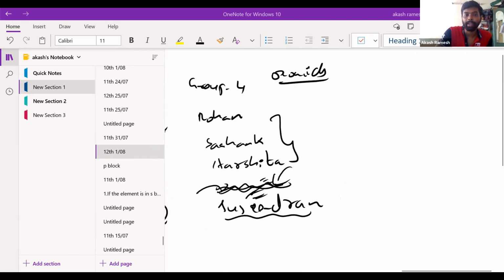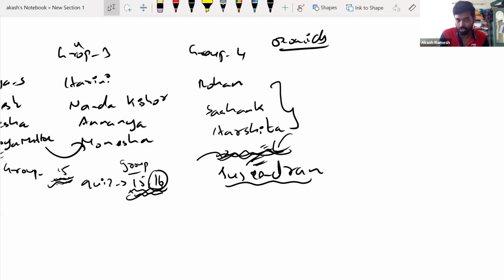Regarding this quiz, I'm just doing a quiz to make it interesting. Do not worry about winning or losing. Whether it's a question for group 1 or 2 or 3 or 4, irrespective of that, each and every one of you will write down the question when I dictate it, and when you get the answer, you will note down the answer.